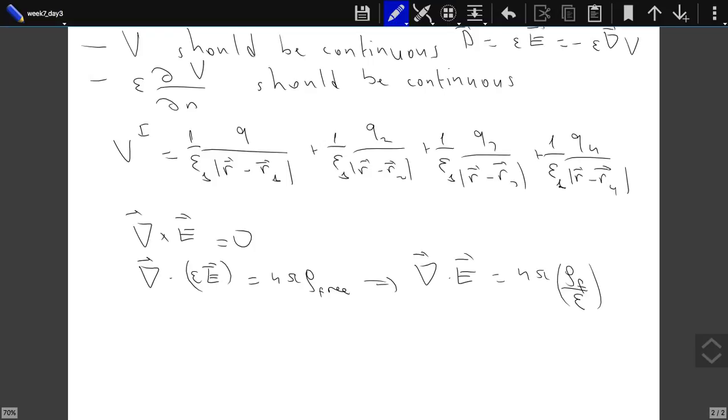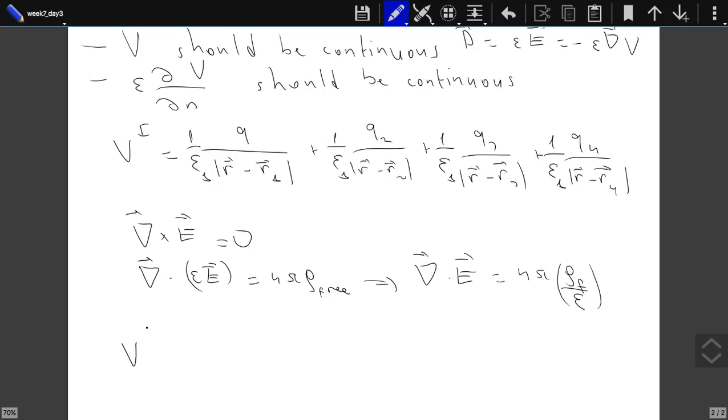Since we are talking about the potential, and the electric field is the gradient of the potential, the curl of the electric field is automatically 0. And the divergence of the electric field in region 1 is just a single Dirac delta at the position of my charge. So that is my free charge density. So at least this solution satisfies my equations in region 1. I don't know whether it satisfies the boundary condition. Those are the things that I should check.